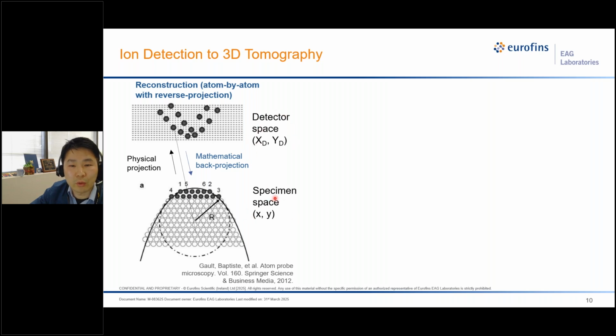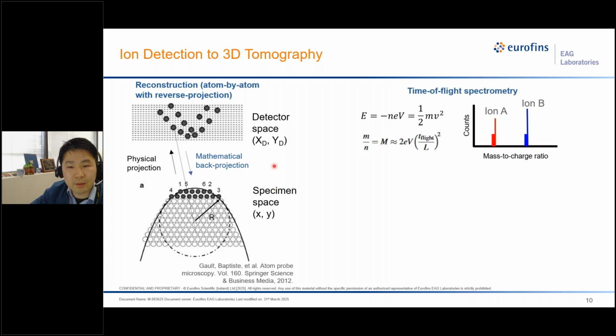This process of converting the coordinates from the detector space to the specimen space is called reconstruction. And identification of ions is realized through the mass-to-charge ratio, which is deduced through time of flight spectrometry. The underlying mechanism is expressed as E equals neV, where E is the electric potential energy, n is the charge state of the ion, e is the elementary charge, and V is the voltage applied to the specimen.